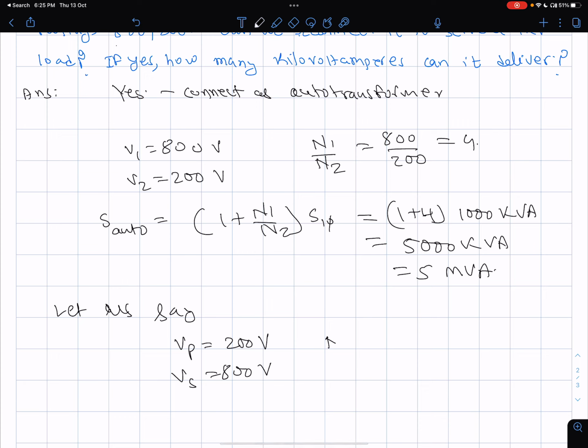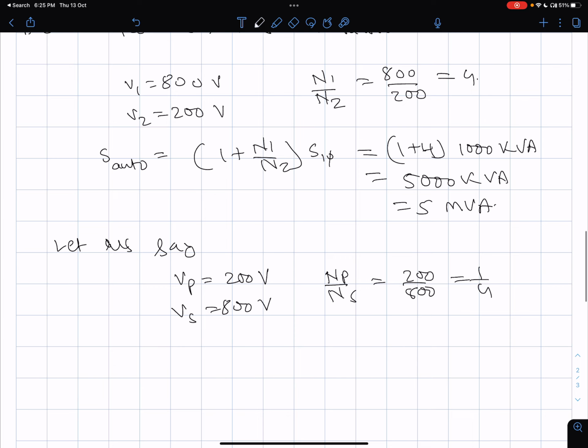That is to say, the NP by NS would have turned out to be 200 by 800, in which case you would have got 1 by 4. So now you see that in such a configuration also, you will still get 1 kV at the output, but the power rating is only going to increase by a factor of 1.25, and you will just get 1250 kilovolt amperes.